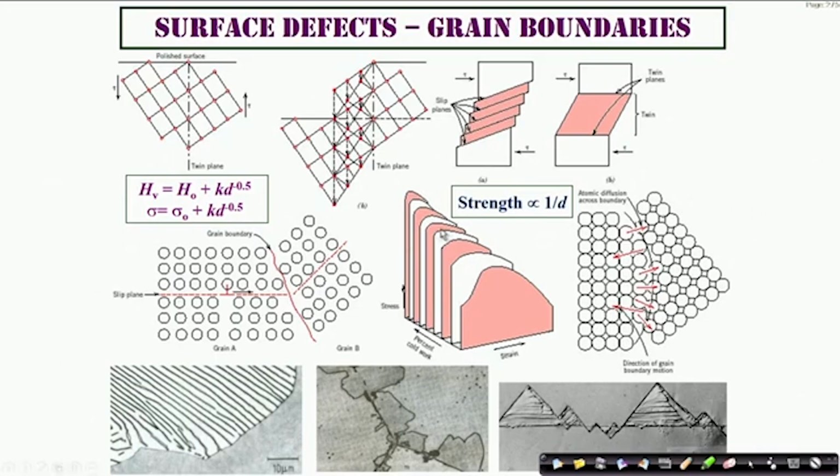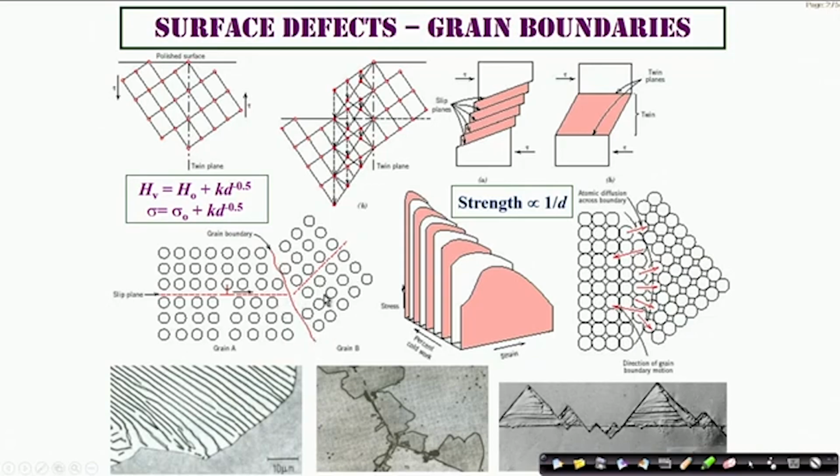For example, if you consider this to be one part of the crystal and this is another part of the crystal, you clearly see that the orientation here is different from the orientation of the crystallite on the right. So this is a line which will delineate the differences in orientation, and hence this will be called a boundary.